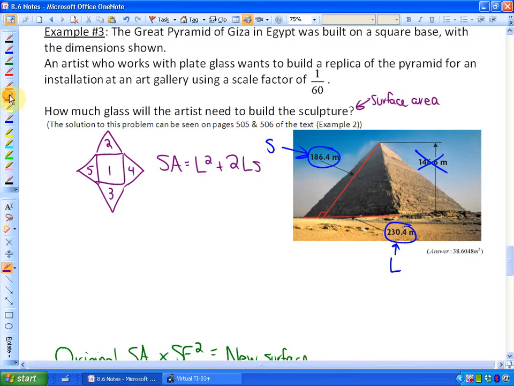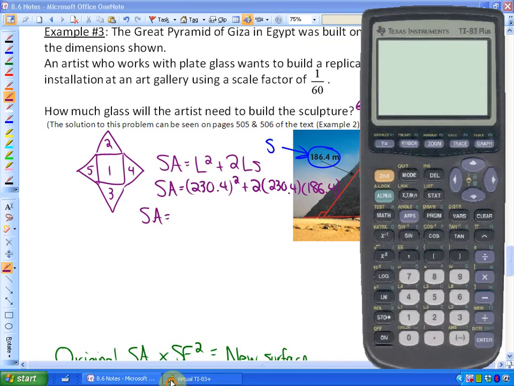So the surface area of the original is equivalent to 230.4 squared plus 2 times 230.4 times 186.4. If you need justification for that formula, you may want to look at some justifications for the formula for surface area of a pyramid. I'm just using the formula that we were given from the textbook.